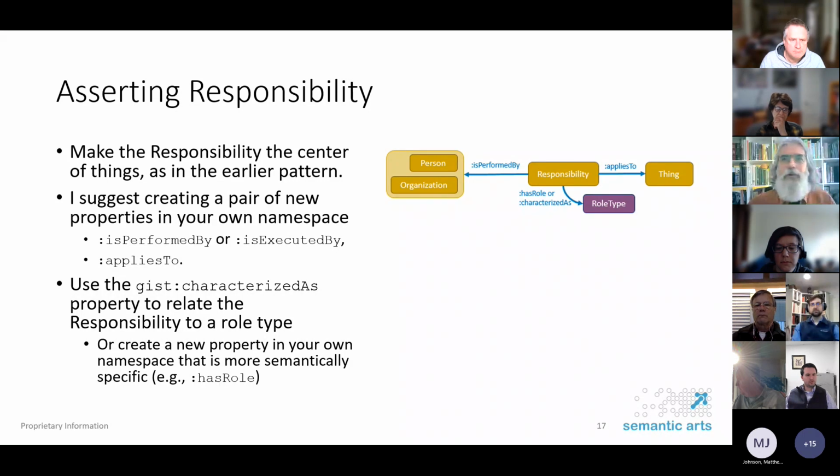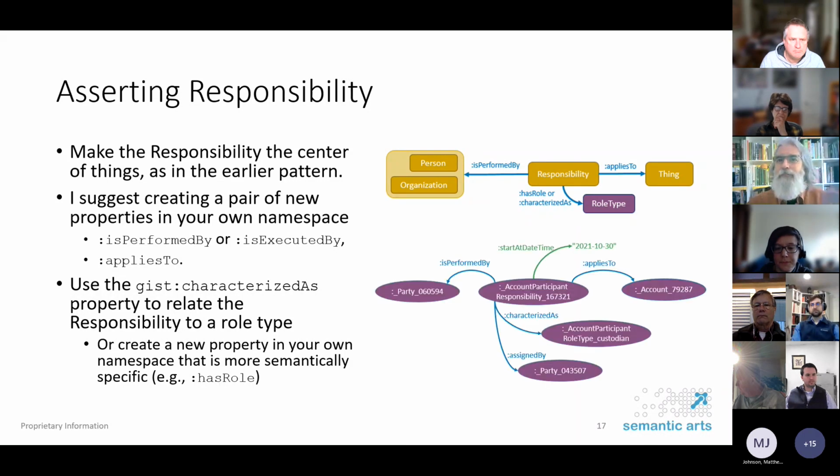Either of those work. And then, when you get down to brass tacks, you can look at something like here, where you have this particular account responsibility, some responsibility that applies to this account. This responsibility is performed by this person. It's characterized as acting as the custodian. So this party is the custodian on this account.